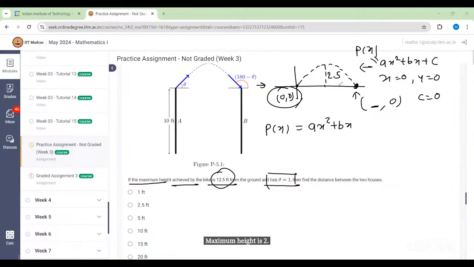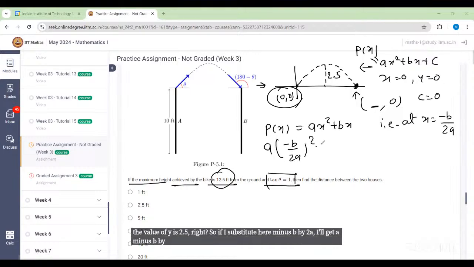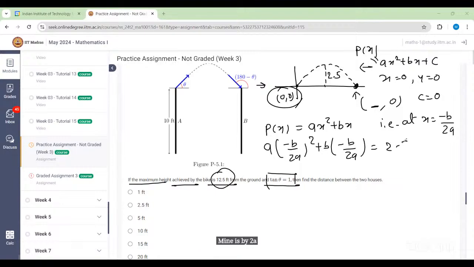So that means the vertex has x equals minus b by 2a, and the value of y is 2.5, right? So if I substitute minus b by 2a here, I'll get a times (minus b by 2a) square plus b times (minus b by 2a) equals 2.5. So that means a b square by 4a square, minus b square by 2a, equals 2.5.